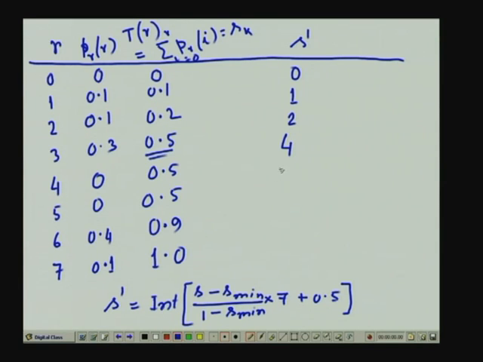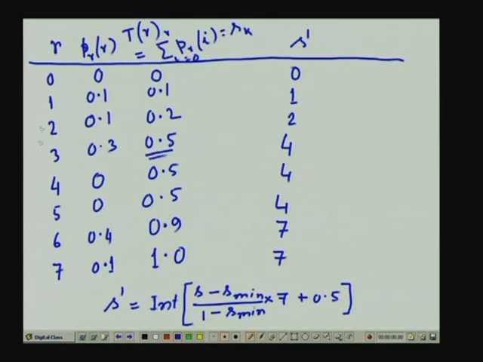Similarly, for r equal to 4, the output intensity will also be 4. For r equal to 5, the output intensity will also be 4. For r equal to 6, if you calculate following the same relation, it will come out to be 7. For r equal to 7, the output intensity will also be 7.